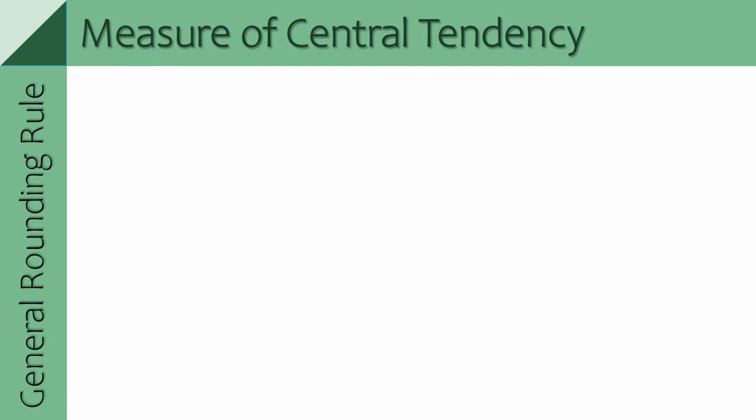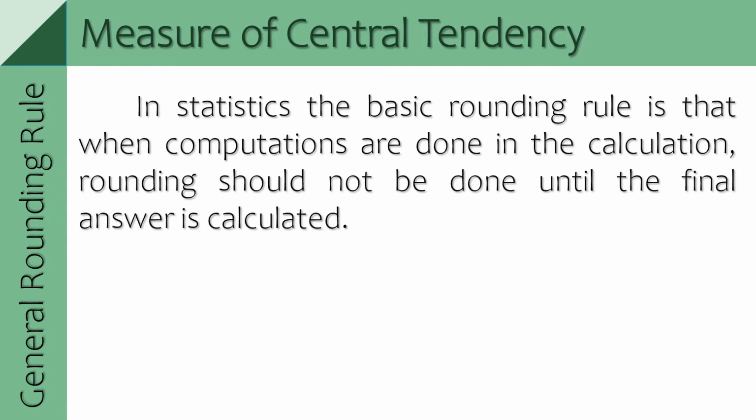Okay, general rounding rule. Before we proceed to the deep computation, let me discuss the general rounding rule. In statistics, the basic rounding rule is that when computations are done in the calculations, rounding should not be done until the final answer is calculated.